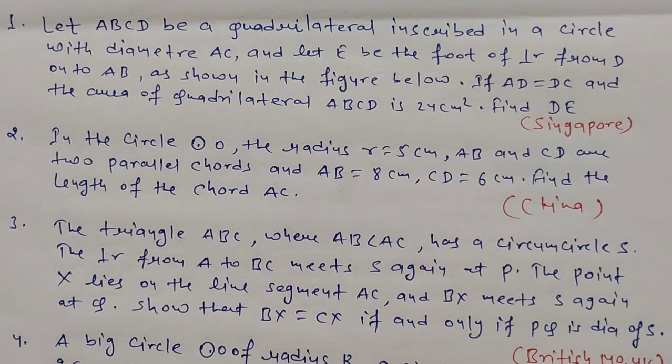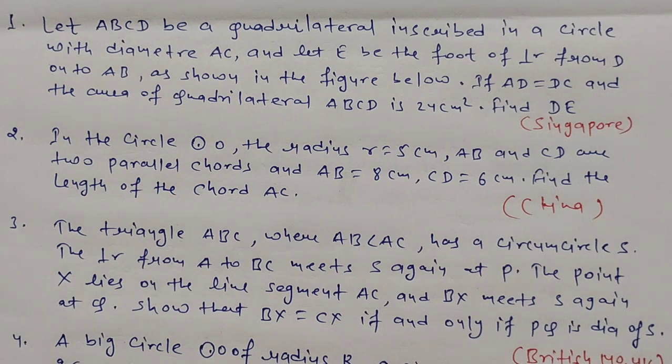The second problem is based upon the concept of the length of chords and radius, and also the area of circle. The third problem is based upon the triangles and circles.